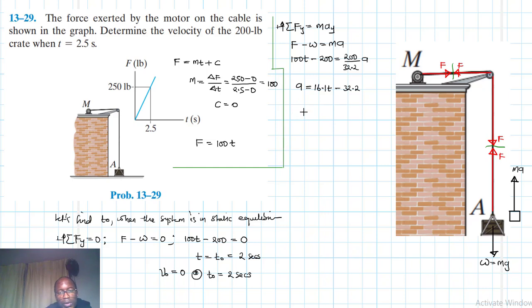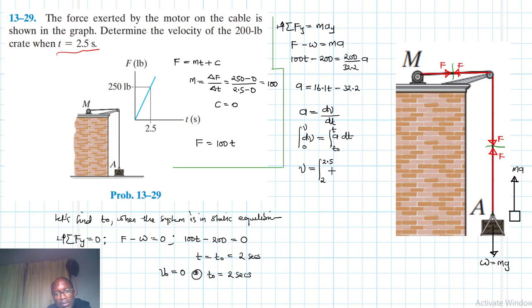We know from our kinematics that our acceleration is equal to dv/dt, and making dv the subject of the formula, this becomes dv equal to a dt. Then we integrate this from 0 to v, and there from t naught to t. So v is equal to the integral, our t naught we calculated as 2, and our t final is given here, equal to 2.5.